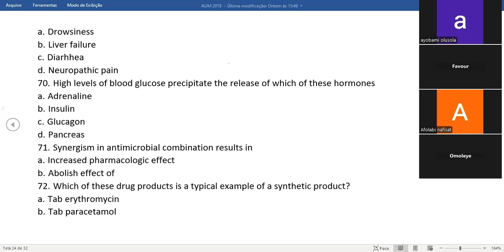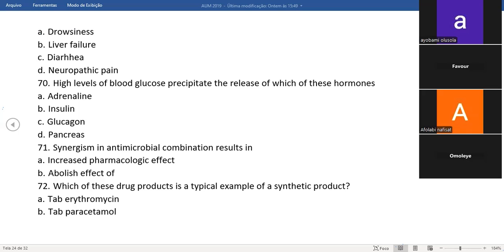High levels of blood glucose precipitate the release of which of these hormones? Pancreas. Hormone, not organ. Okay, hormones, not organs. Insulin.